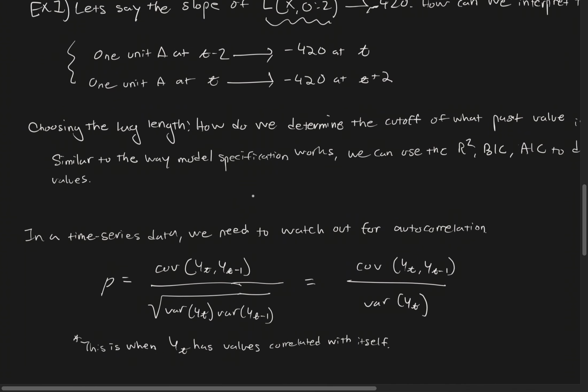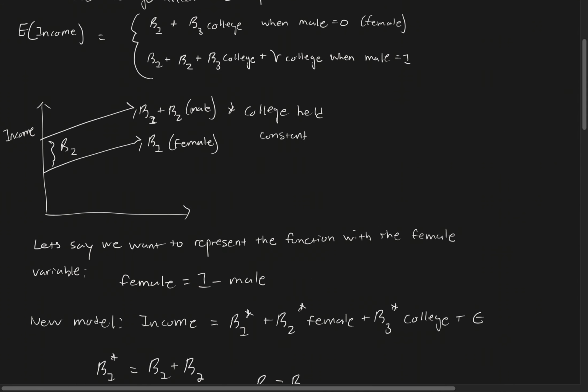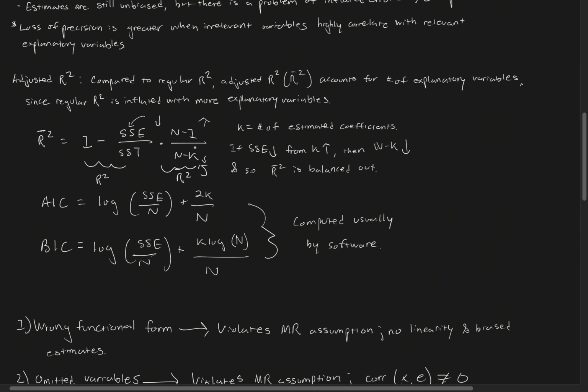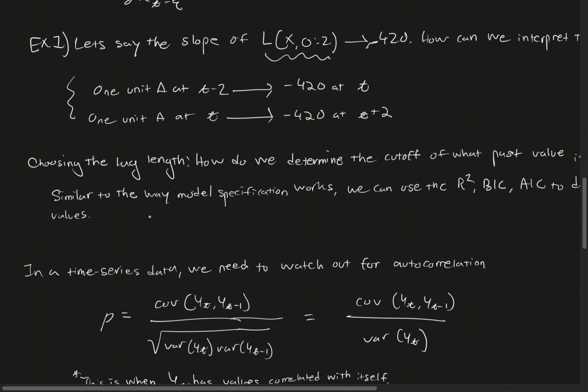So recall that these use the sum of squared errors, the n part of the function, to determine the best ideal model.